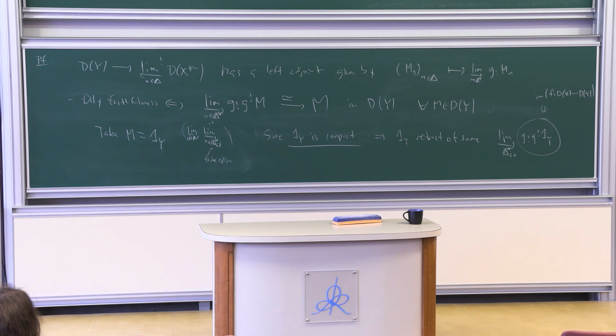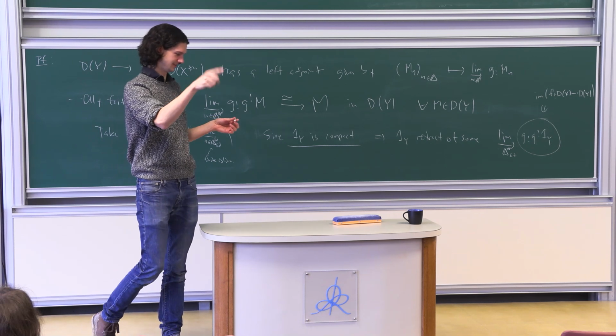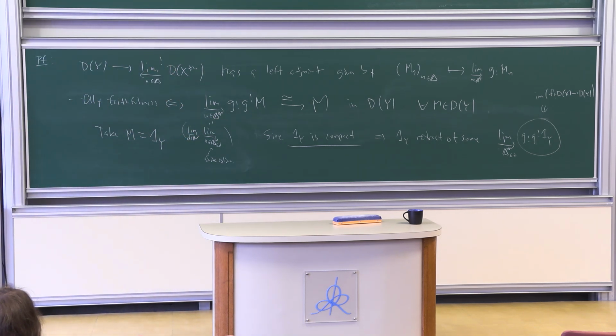So, for example, the category with one object and a finite group worth of automorphisms is a finite category in the usual sense, but it's not finite as an infinity category. Well, because there's group homology in arbitrarily high degrees. BG is not finite as a simplicial set. You need infinitely many simplices to describe it.